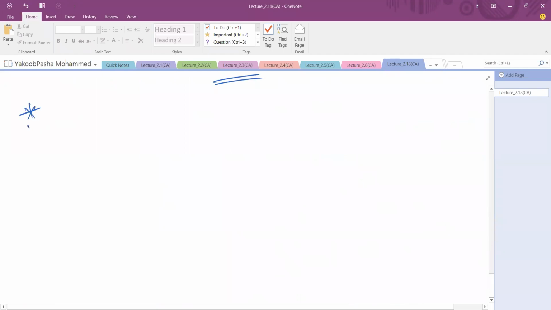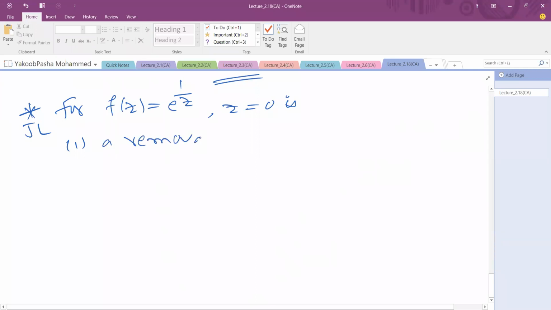And it is also from JL. For f of z is equal to e to the power of 1 by z, z is equal to 0 is a simple question. First option, a removable singularity. Second option, a pole of order 1.